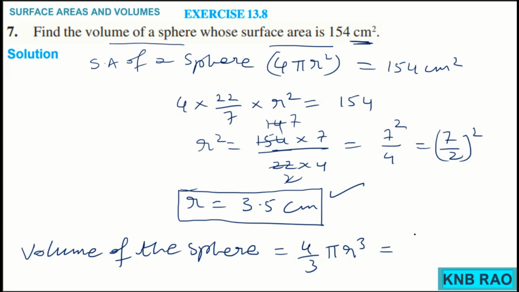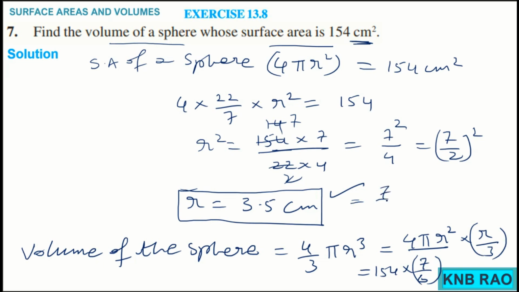I can do it the other way also: 4 pi r square into r by 3. This value we know already, it is 154. So 154 into 7 by 6. How does 7 by 6 come, you know? 3.5 is 7 by 2, and 7 by 2 into 1 by 3 is 7 by 6.